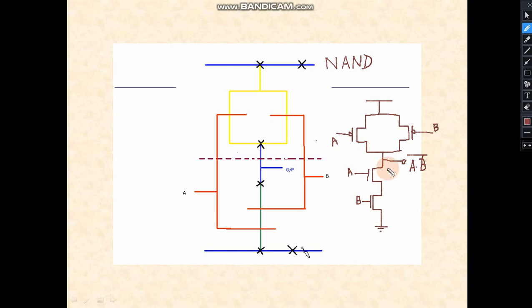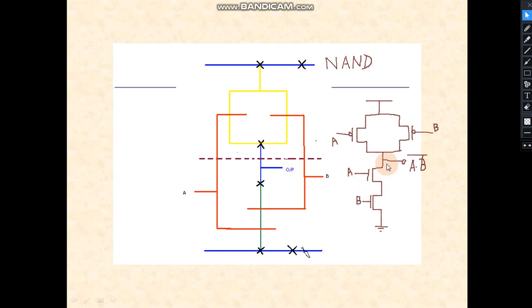Okay, so two metal lines for VDD and ground. These two crosses are for via connection in CMOS only, not in NMOS. Then one demarcation line separating PMOS and NMOS.